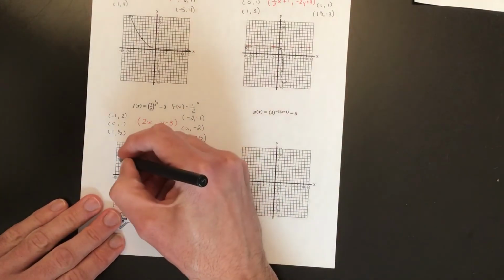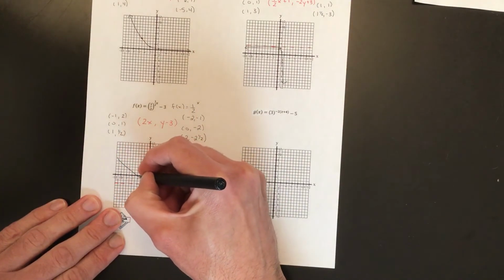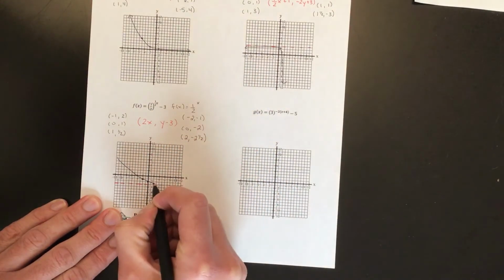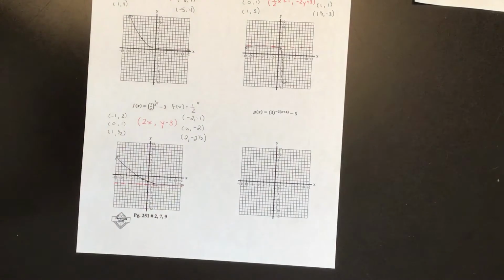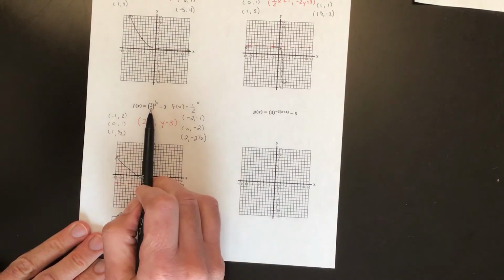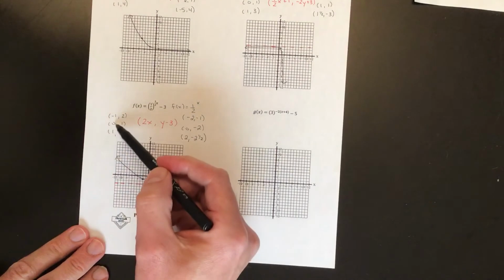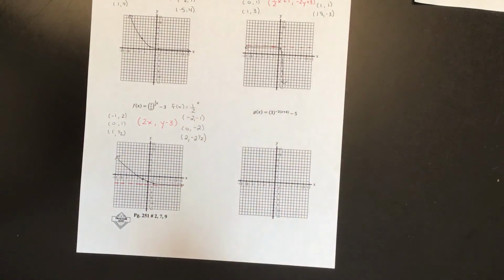So I'm gonna have a gradual graph kind of coming in, hitting those, and then coming out this way. Going down because, of course, with the base being a fraction, we all know we go down to the right. Decreasing graph.